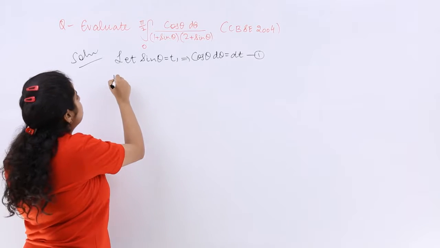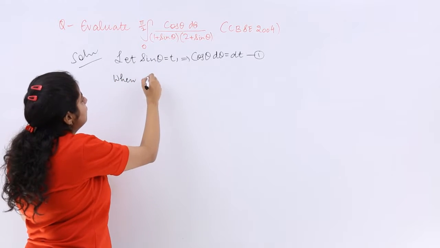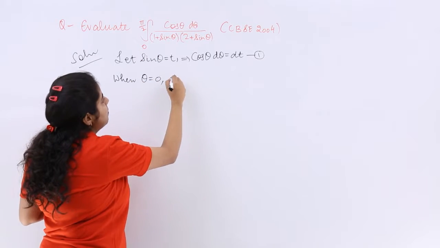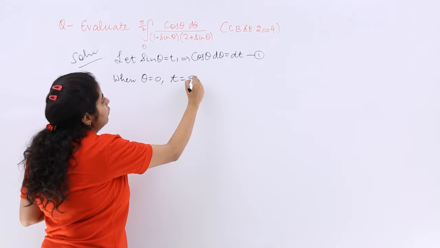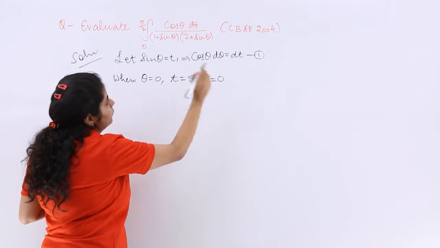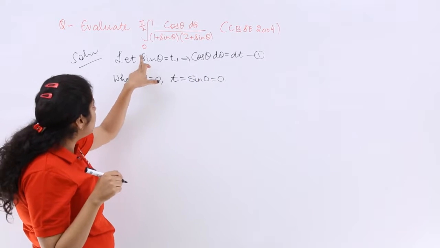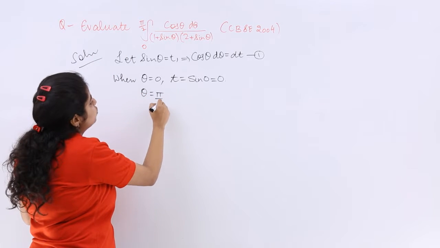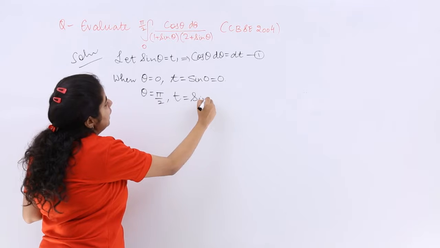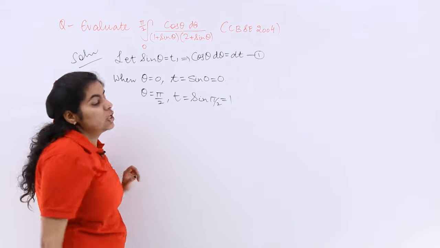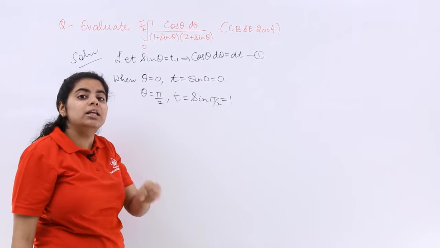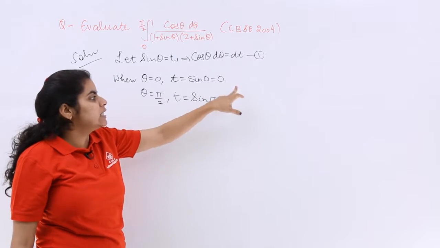When earlier my theta was 0, t was sin 0, which is 0. When theta was the upper limit pi by 2, t was sin pi by 2, which is 1. So the limits are changed. Limits are 0 and 1.